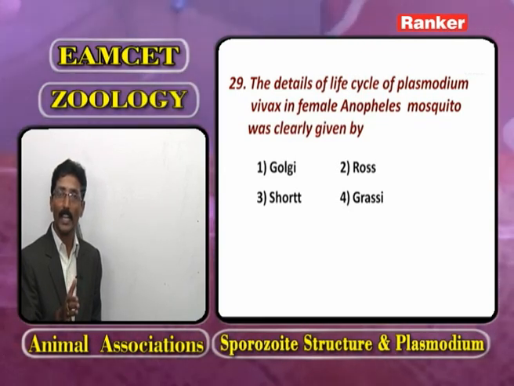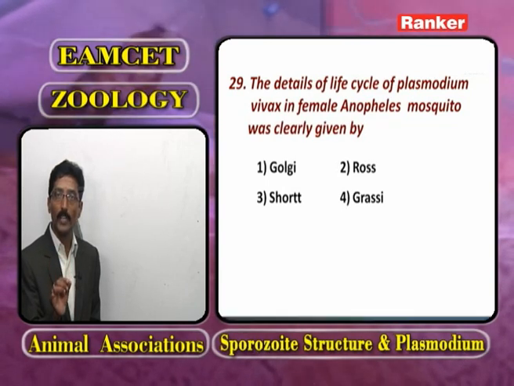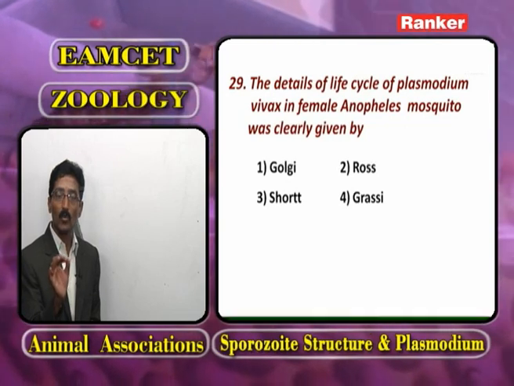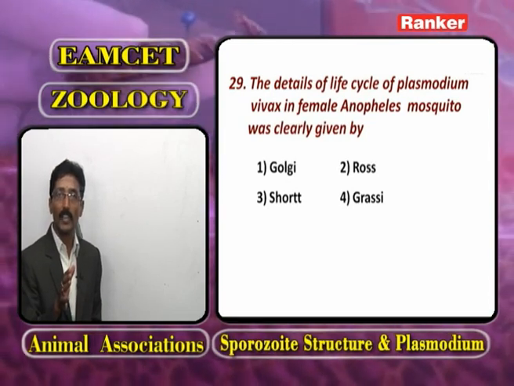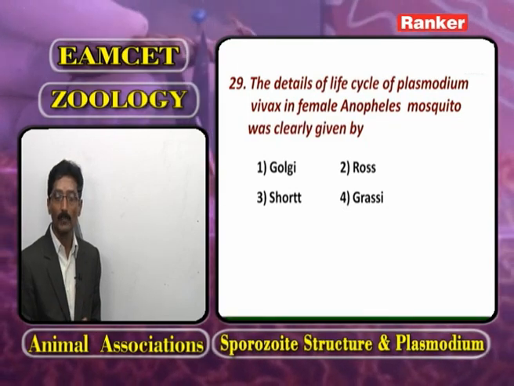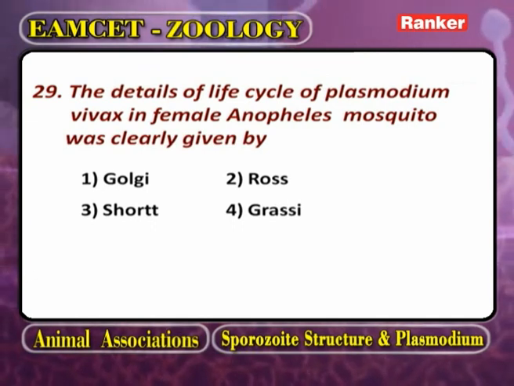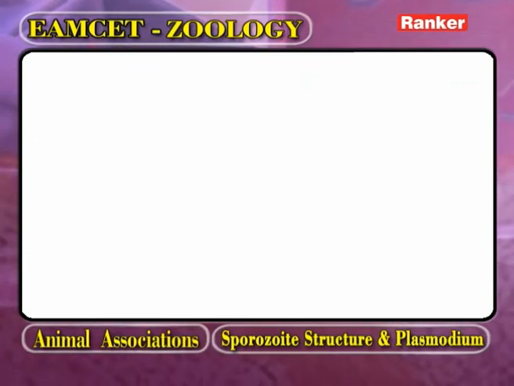Short and Graham stated that the sporozoite lives in the blood plasma for only 30 minutes. Based on this information, the answer for this question is Grassi. Now go for the next question.